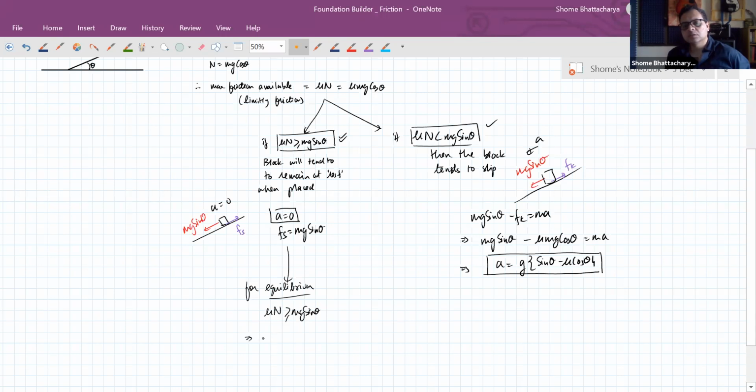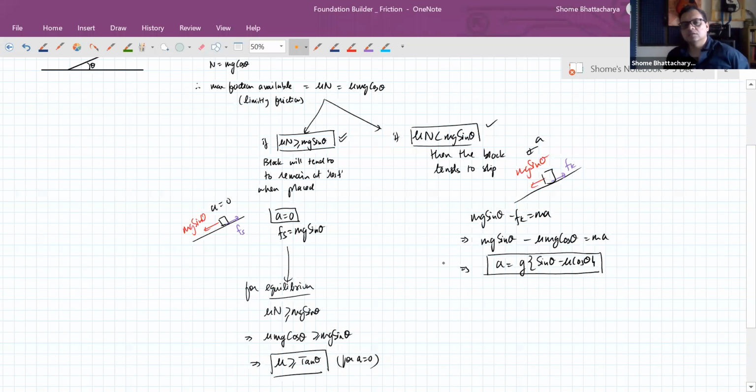So that means mu mg cos theta should be greater than or equal to mg sin theta. The condition it gives us on the coefficient of friction is that mu should be greater than or equal to tan theta. This is the condition for the acceleration of the block to remain zero.